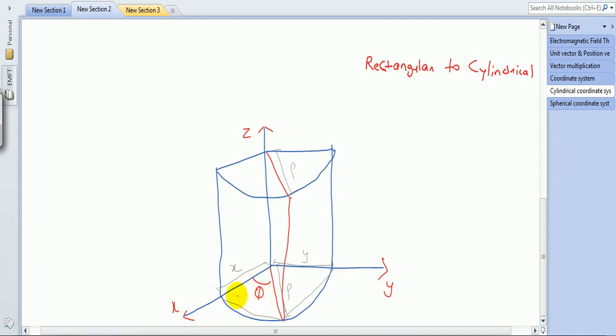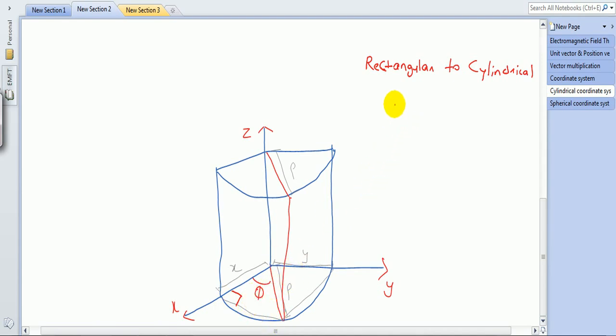You can see here, this is the projection of rho from here to here. If I consider this triangle, this is a right angle triangle where this is 90 degrees, and rho is acting as the hypotenuse of this triangle. So this is x, and this will be the same as y.